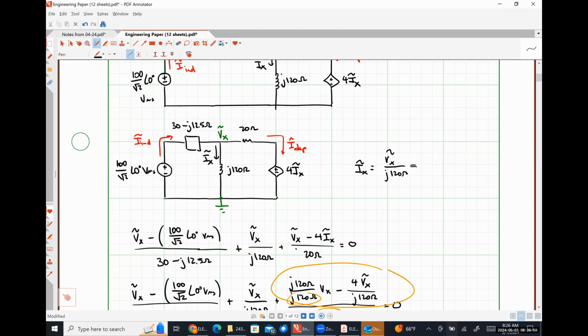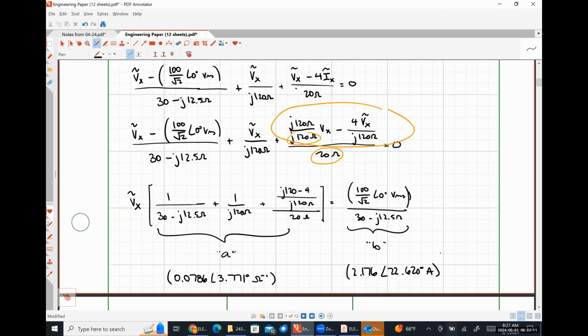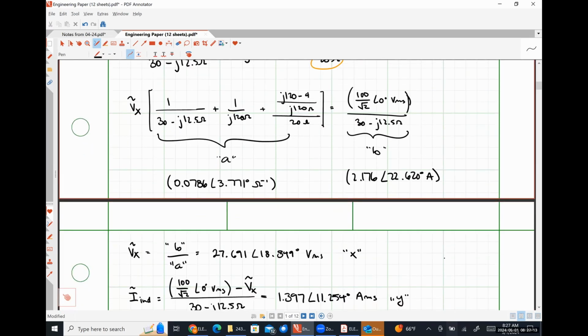Just for fun, actually, let's just go ahead and do this. So x over 120 I is going to be 0.231 with an angle of negative 71.151 degrees, amps RMS. So just to be really quick here, notice that Vx was 18.849.